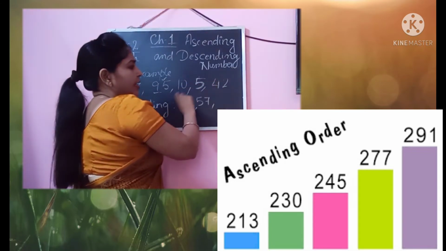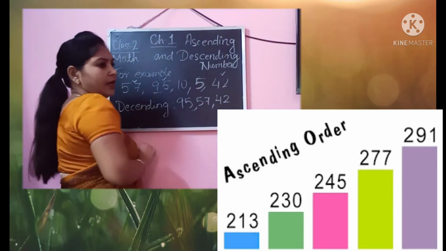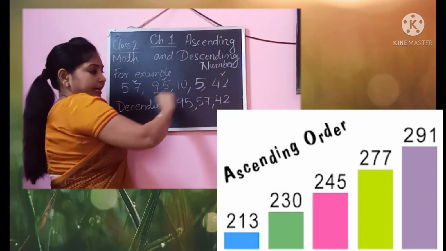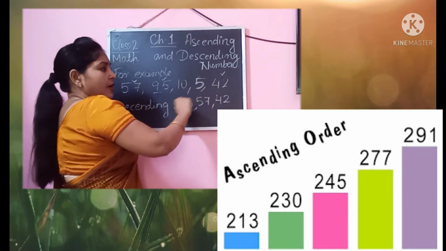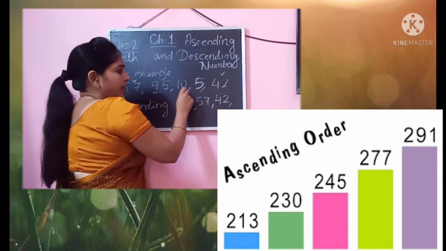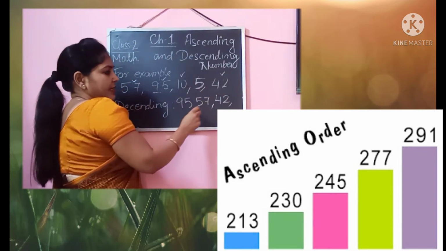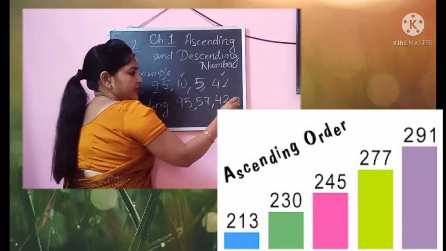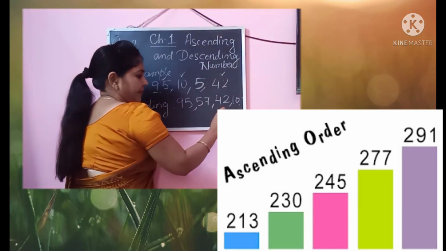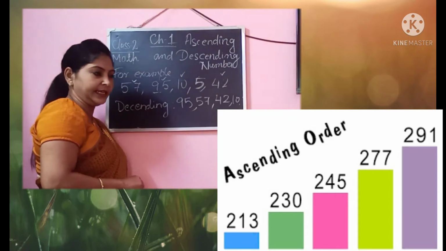Among these, 42 is the greatest. This is done. Now we have to compare between these 2 numbers. Which one is greater? 10 is greater, of course. And the smallest number is 5. So this is how we arrange the numbers in descending order.